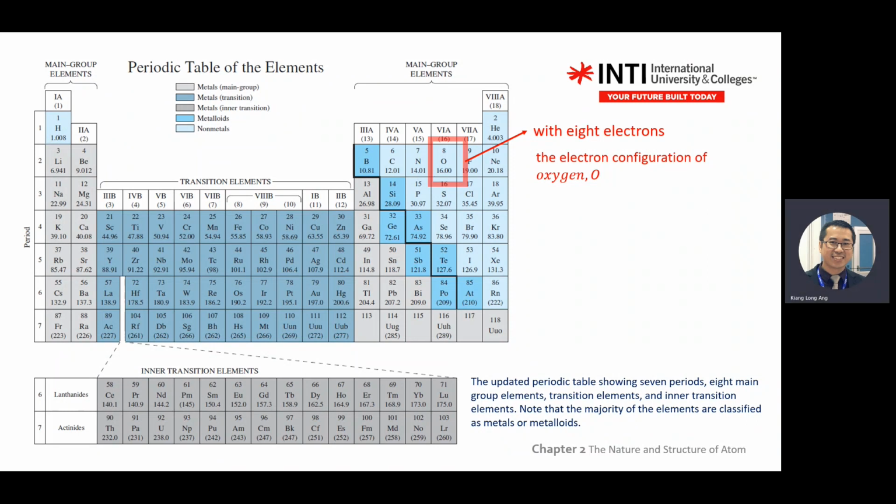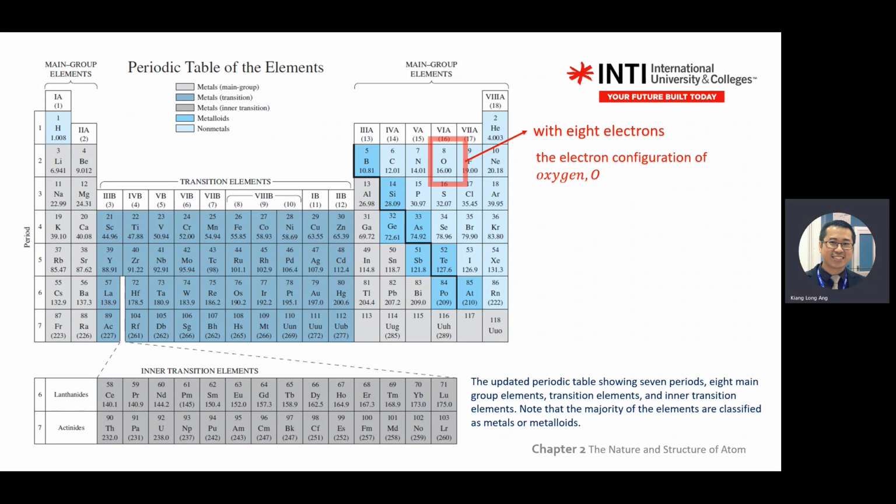So how do you know if it is orbit number 1 or orbit number 2? You count the vertical column. This is number 1, right? You see the number on the periodic table. If you have 1, it means n is 1. We have 2, it means n is 2.